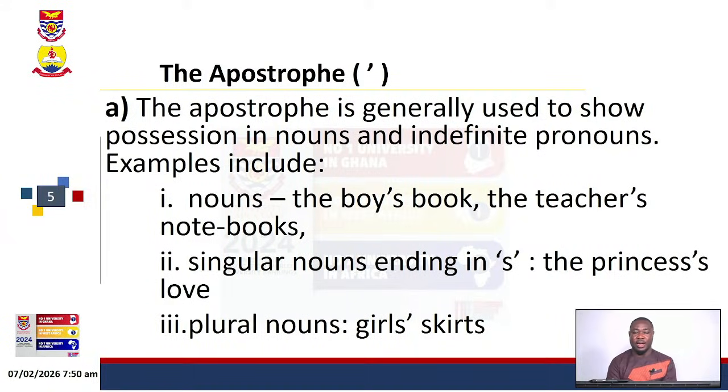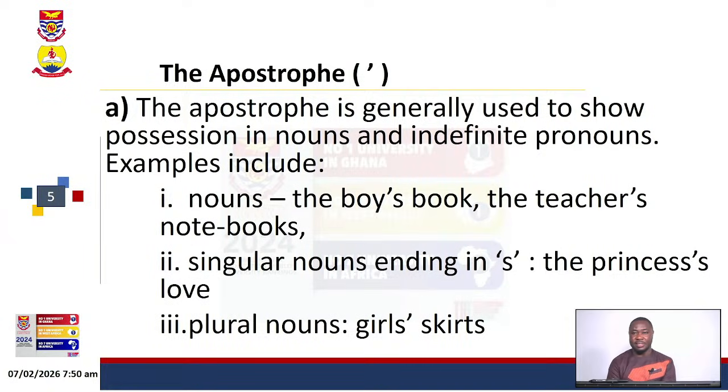Then you can also use it for singular nouns ending in S. There are some nouns that end themselves in S already. What do we do here? For instance, you have princess. Princess is a noun that ends in S. How do we mark ownership on it?